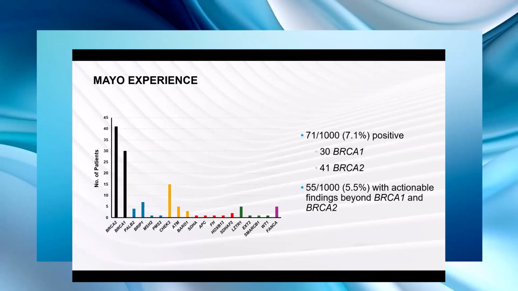But the expanded testing also revealed that another 55 individuals actually had clinically significant findings in genes beyond BRCA1 and BRCA2, including other high-risk genes for breast cancer, such as PALB2. Interestingly, it also identified high-risk genes for other cancer types, for example APC or other mismatch repair genes, things like that. And of course, it included pathogenic variants in moderate-risk genes.